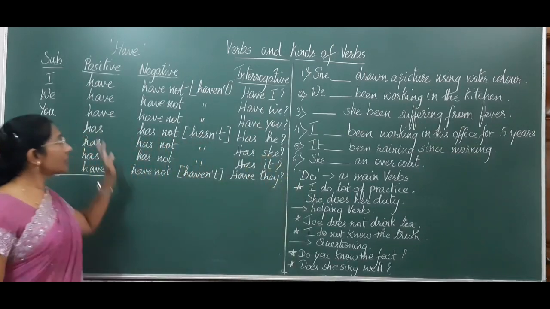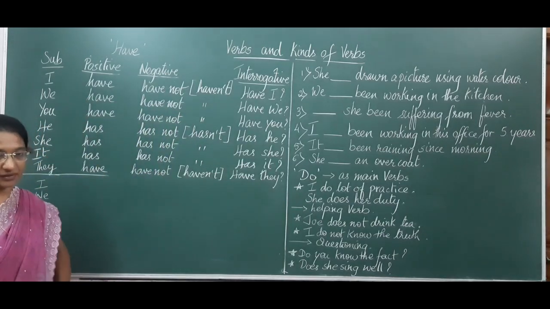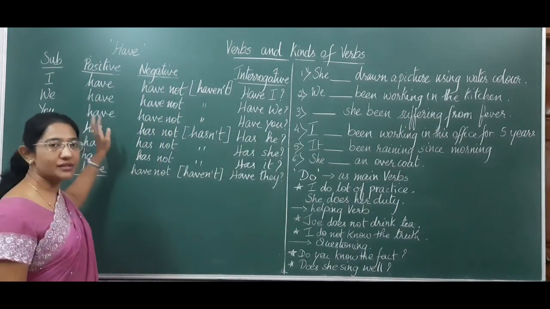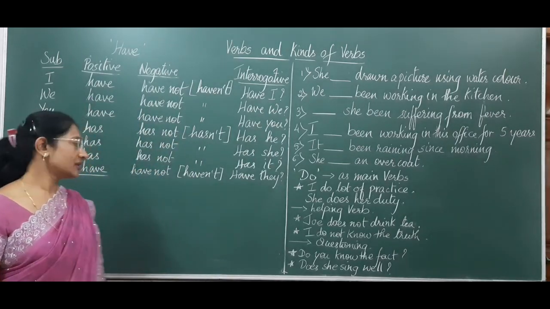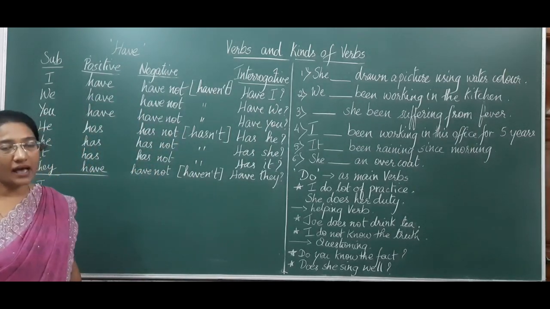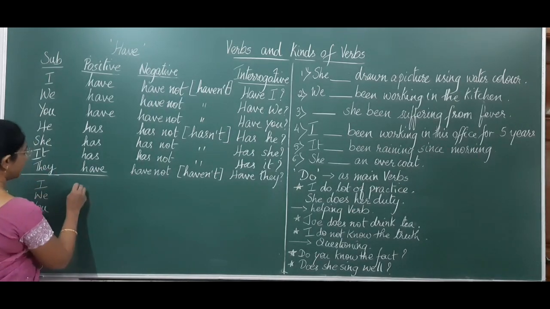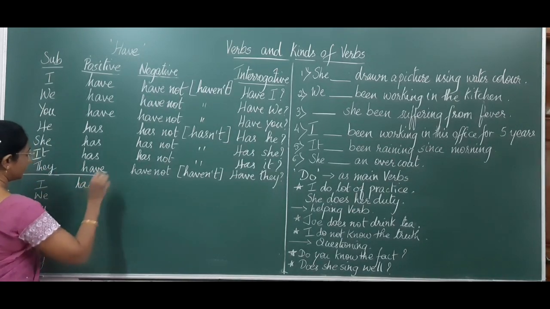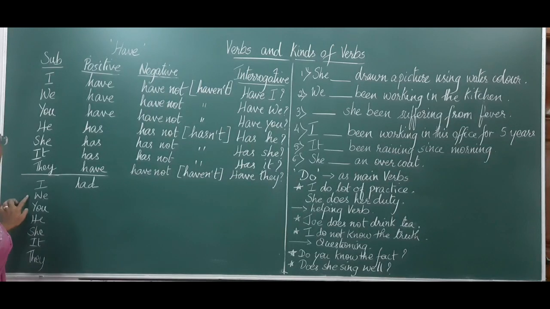So this was the present have verbs table. Now we will see the haves in past tense. I had, and the same follows for the other persons as well.